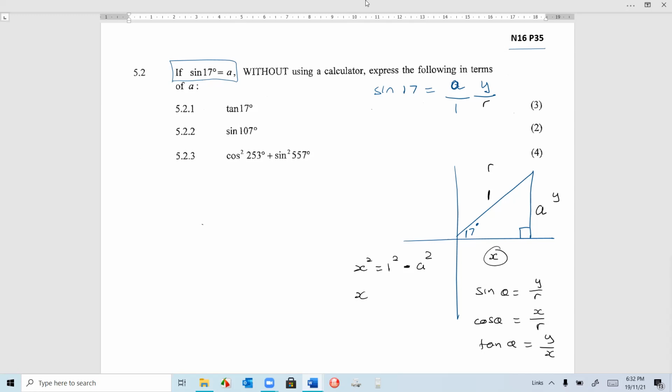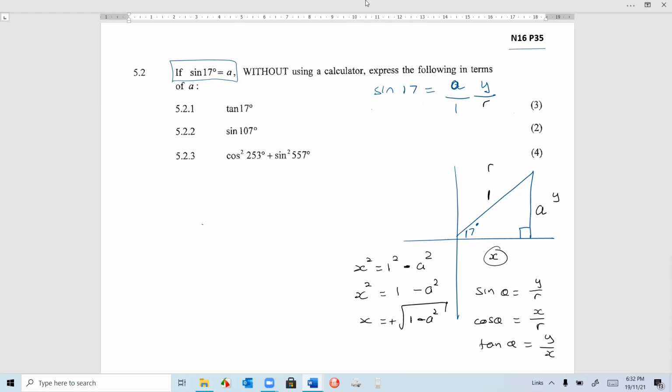So X squared is 1 minus A squared. Then to find X, it's going to be plus or minus the square root of 1 minus A squared. We take the positive, because we're in quadrant 1.